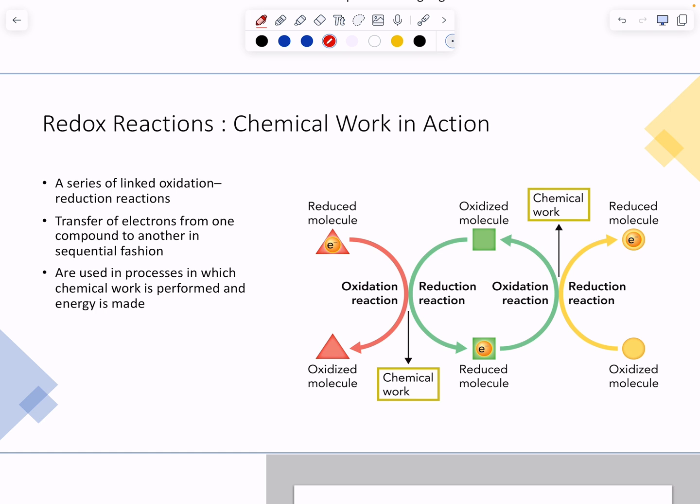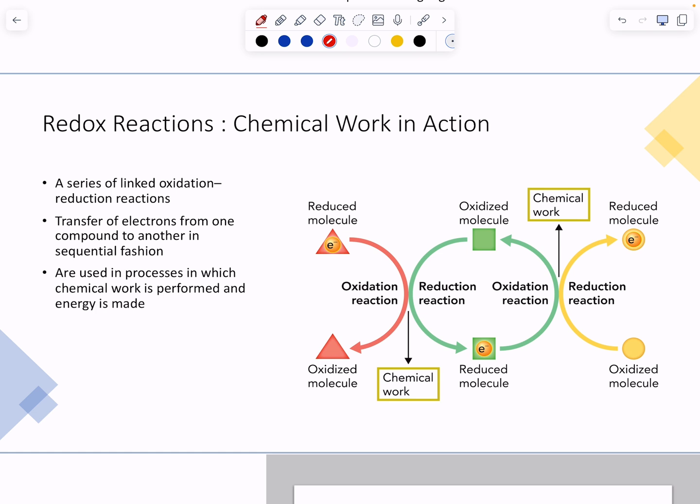Okay, so redox reactions, again, are the way that we store energy, or move energy into ways that we can store it, and the way that we get energy out of some stored molecules.